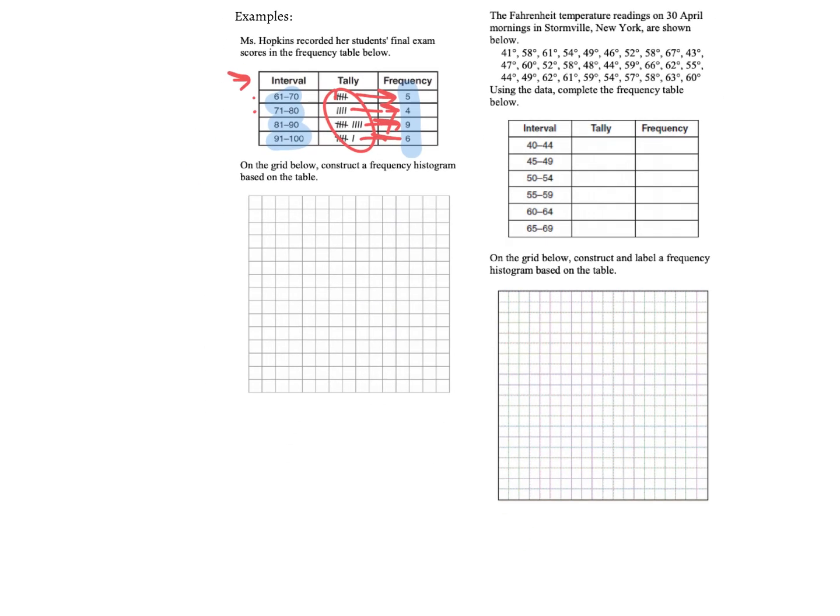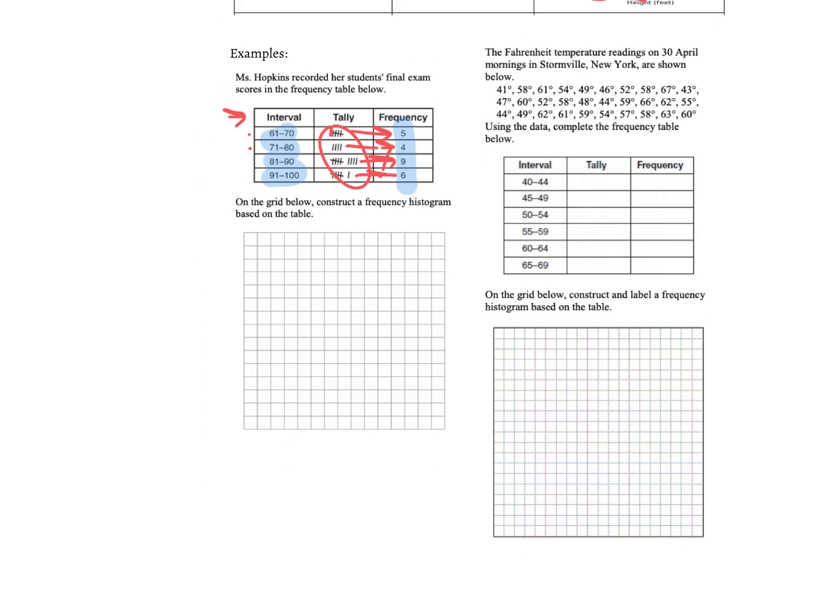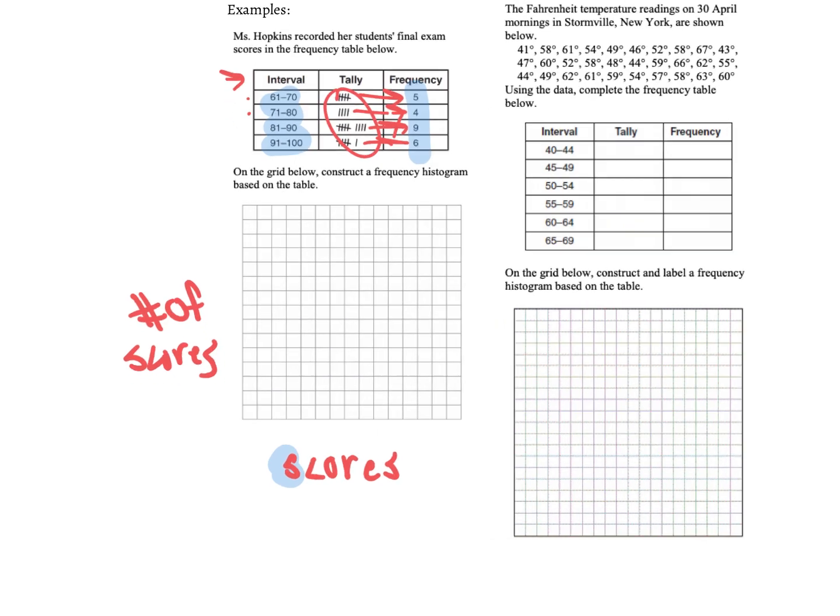To make our frequency graph, across the bottom is going to be our scores, because that's the final exam scores. And then we are going to use the number of scores, how many times each of them was in there. Let's start here.